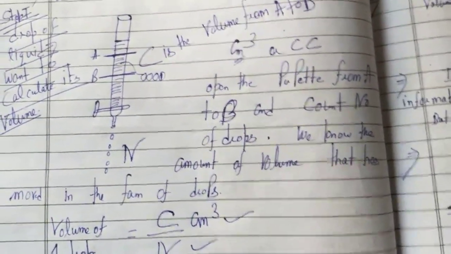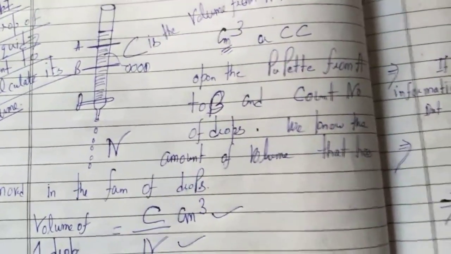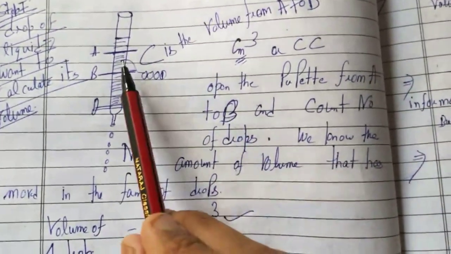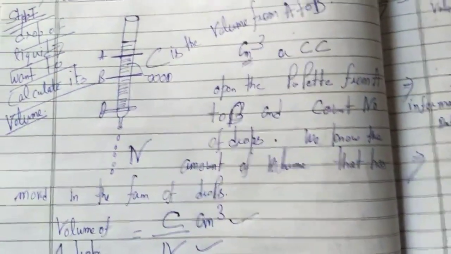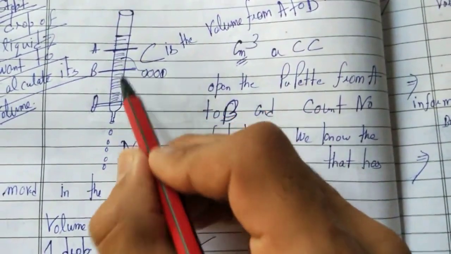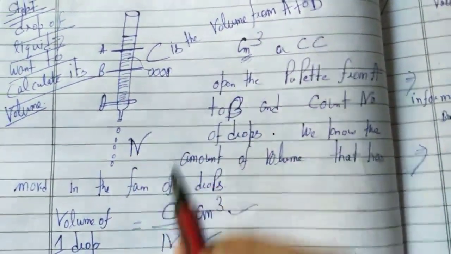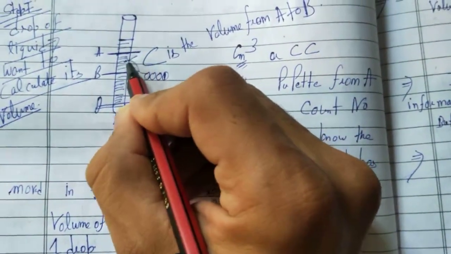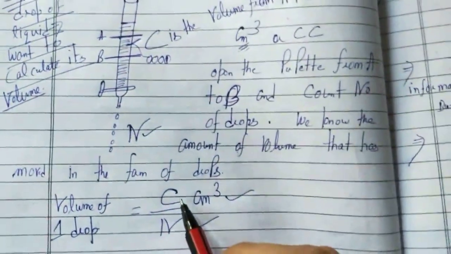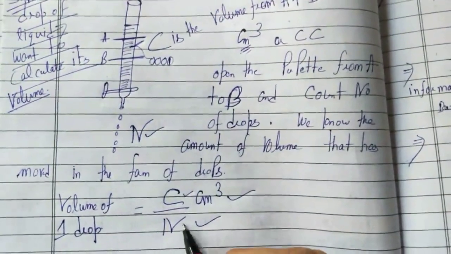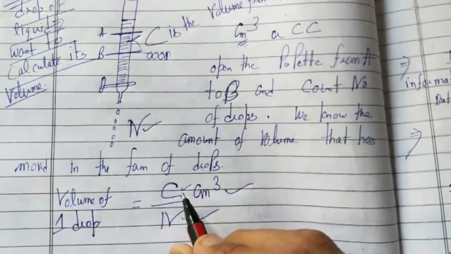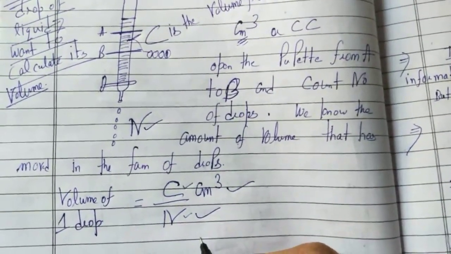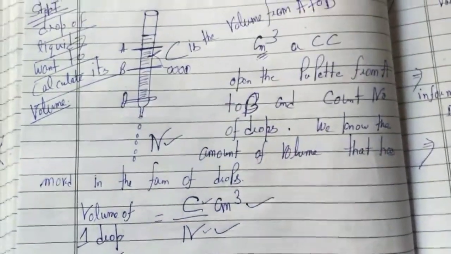We will fill the liquid in the burette, allow a volume from A to B to move into the beaker in the form of drops, calculate the number of drops, and calculate the total volume that has moved. The total volume that has moved is C, and the number of drops that has moved is N. When you divide the total volume moved by the total number of drops moved, you will get the volume of one drop. This is the first step.